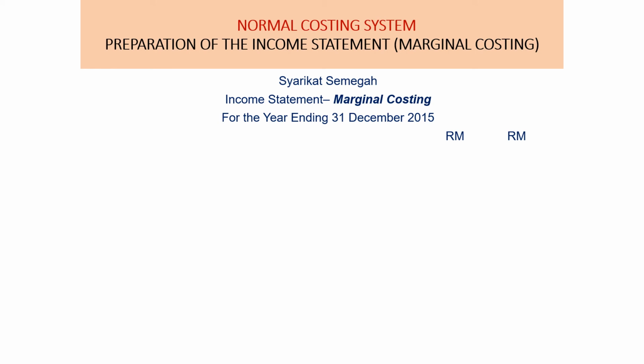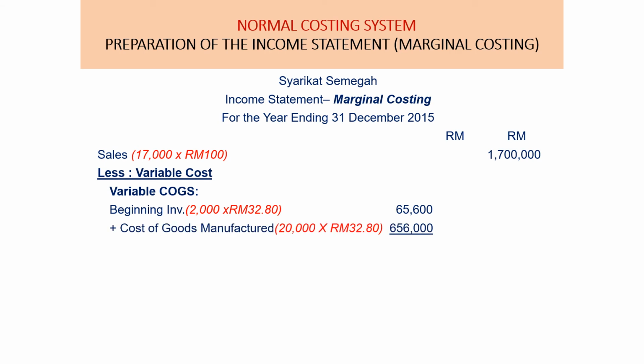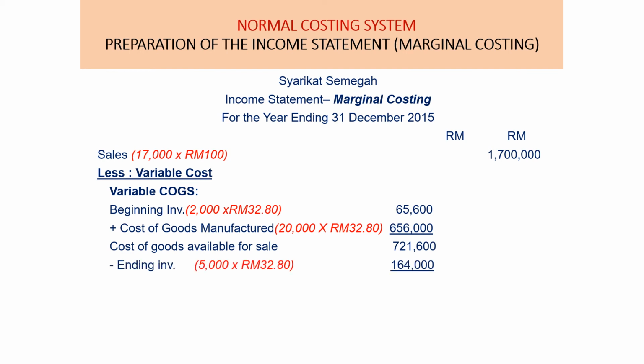Under the marginal costing income statement, you have sales 1.7 million less variable cost. Variable COGS: you have a beginning inventory 65,600, cost of goods manufactured 656,000. You have cost of goods available for sale 721,600, less ending inventory 164,000, and then you get the variable COGS 557,600.